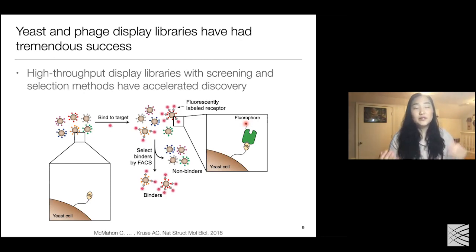And then you can expose this library to a target antigen that has a fluorescent marker or any other marker with which you can now isolate the cells that have nanobodies that bind to these antigens. And so this is a really rapid way of screening millions to tens of millions of sequences of nanobodies or antibodies at a time against a target antigen.